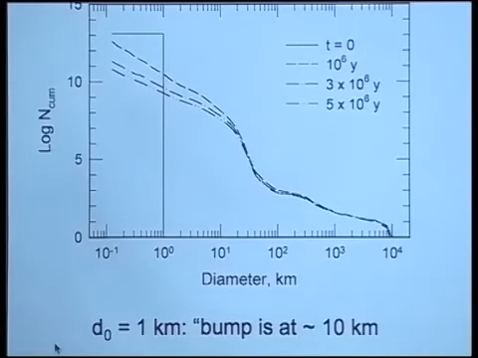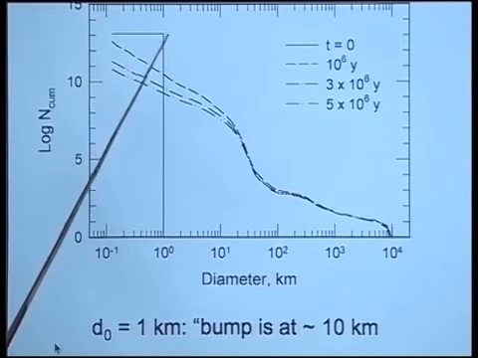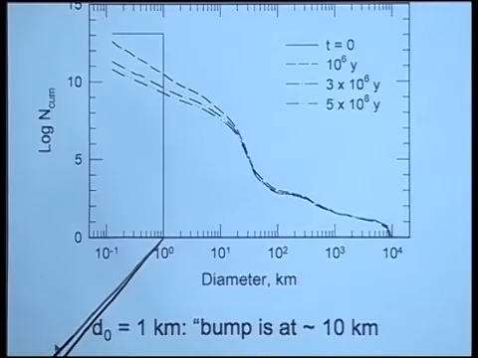Okay, so here's a typical simulation done with that, starting with the canonical kilometer-sized planetesimals. This is the cumulative distribution versus diameter, and at time 0, this was kilometer-sized.